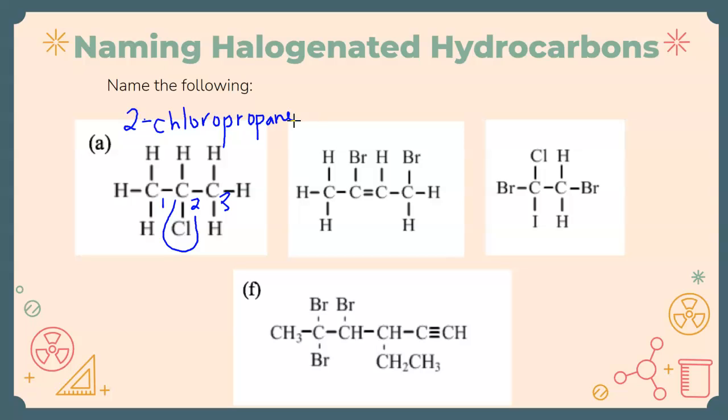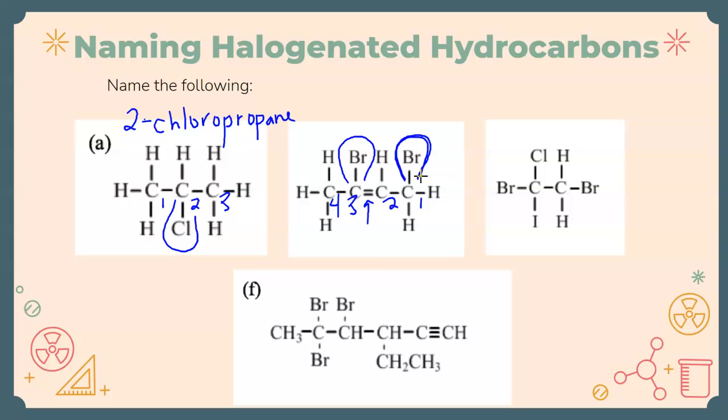For the second example, we have a bromine and a bromine right there. We also have a double bond, and we're going to number this 1, 2, 3, and 4. I'm numbering it in this opposite direction because this bromine is on this side, and I want it to be as close to the lowest number as possible.